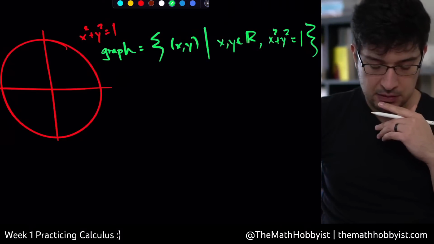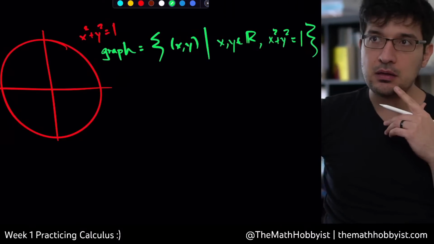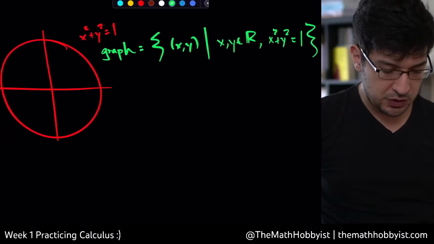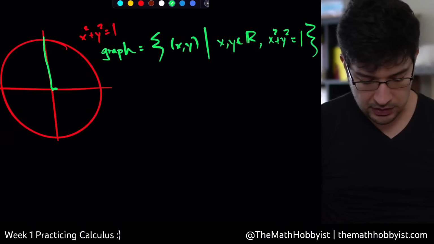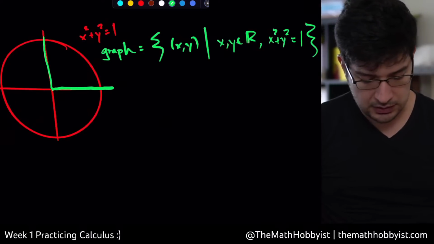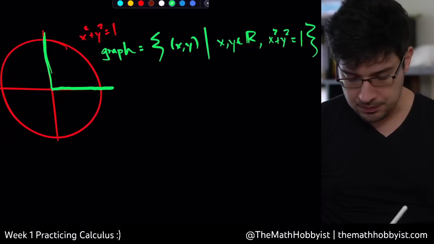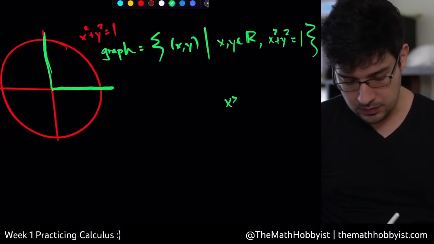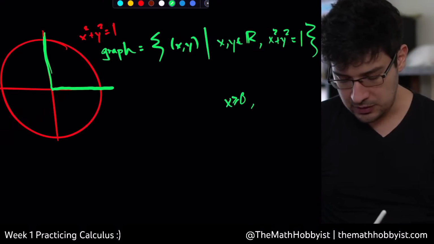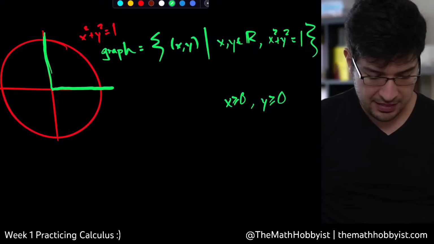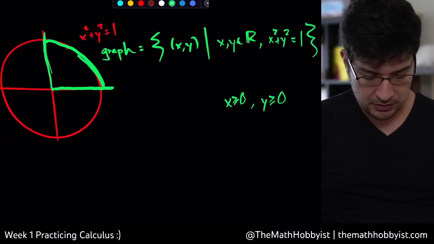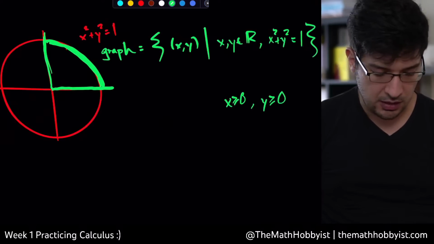But it could be thought of as a function if you restrict it to certain things. Like if you restricted it only to x greater than or equal to 0 and y greater than or equal to 0, then this is a function of x or a function of y.